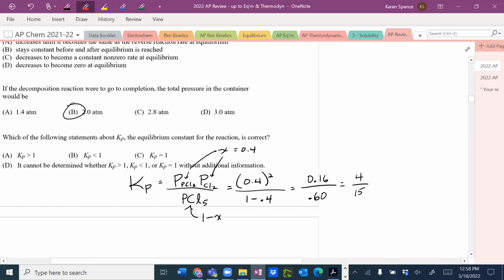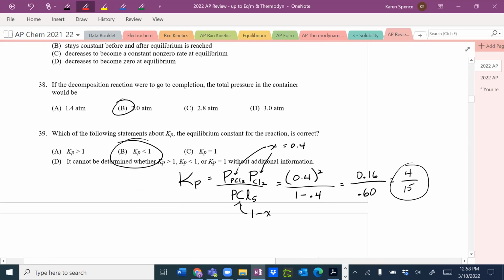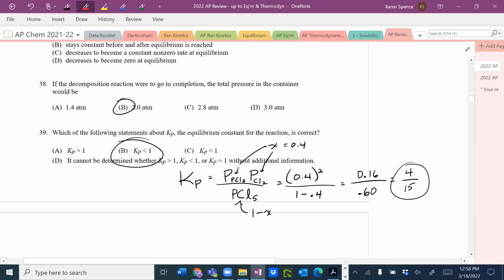Why am I getting excited about finding the value? It's less than 1. So Kp is less than 1. There we go. Did I get it right? 39, B. Hey. Woo. Okay.